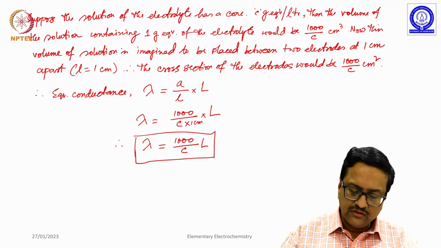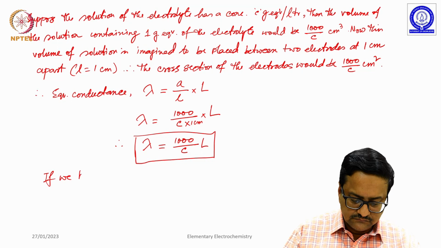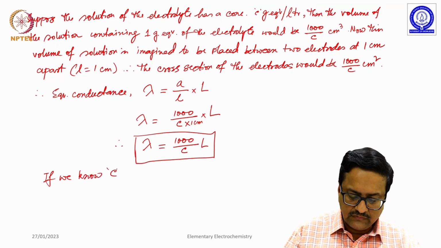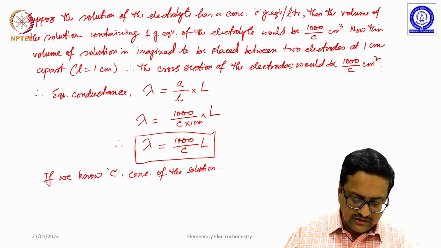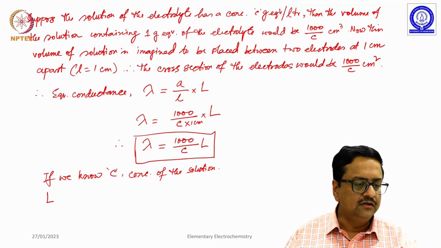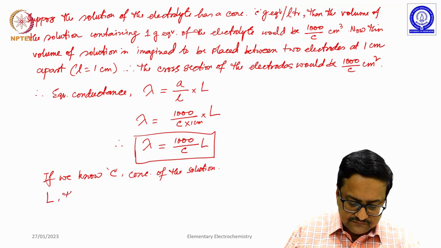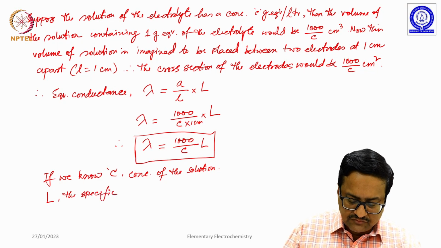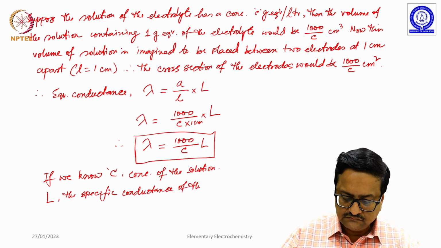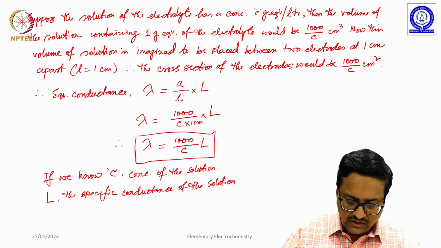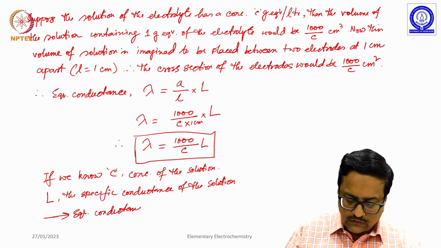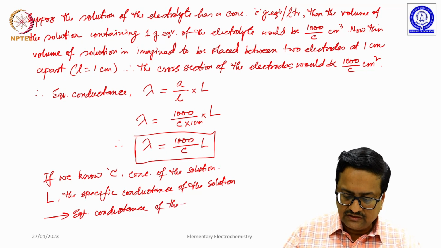So, if we know C, the concentration of the solution, and capital L, the specific conductance of the solution, then one can calculate the equivalent conductance of the electrolyte.